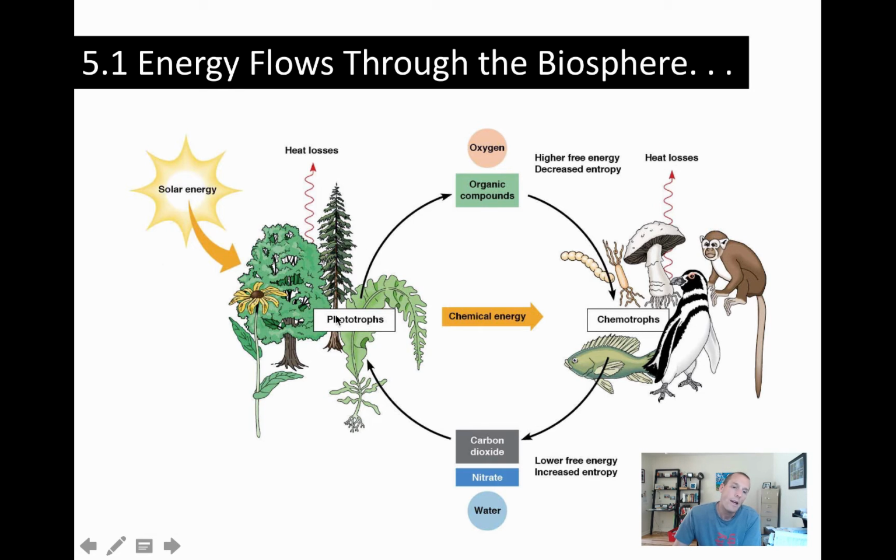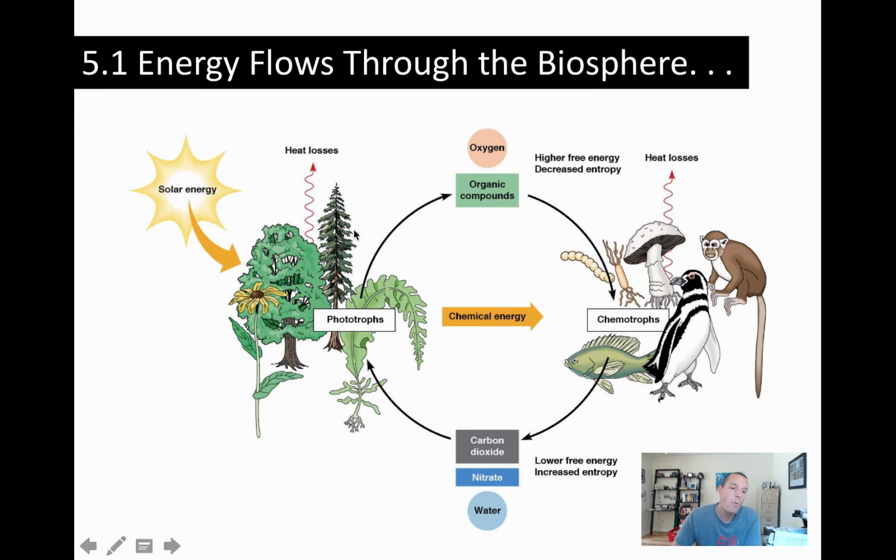So we've got heat loss to the environment in the production stage, and heat loss to the environment over here by the consumers, and so ultimately all the energy that comes into the ecosystem is going to be lost in the form of heat. So there's this massive flow of energy from the sun ultimately out to heat, and heat is generally not a usable form of energy, so that's lost to us, and ultimately that is what gives us the increase in entropy in the universe.